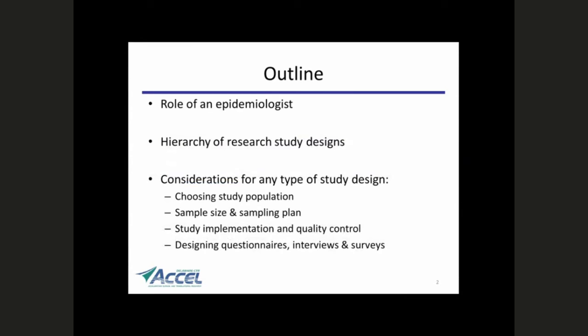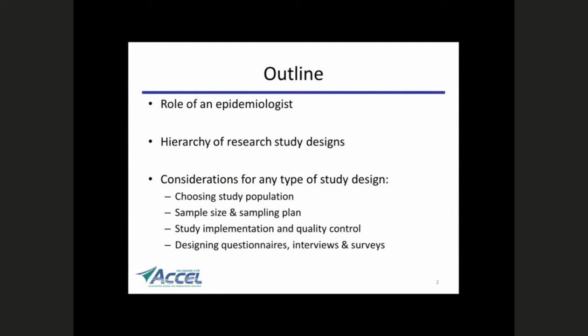So I'm going to talk a little bit about the role of an epidemiologist in healthcare studies, the hierarchy of research study designs, and then considerations about using study design. When we think about how we're designing studies, we really want to focus on four important things. One, how do we choose that study population? Who are we studying? How many people?